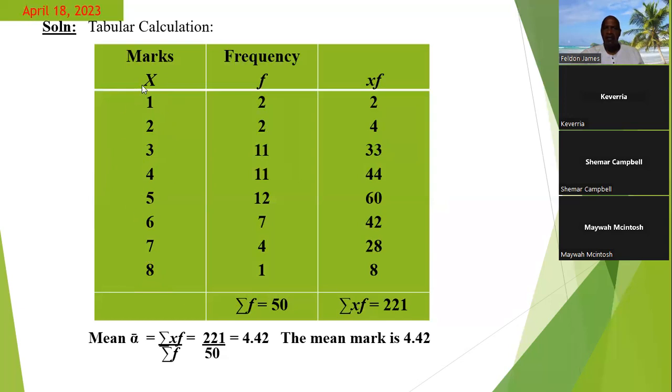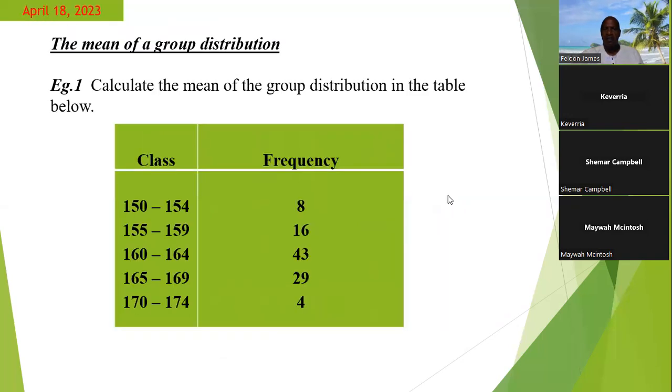The range of these numbers, the smallest would be 1 and the largest would be 8. So when we refer to the range, we're looking at the smallest and the largest. And sometimes we would calculate the range using those numbers, the largest minus the smallest.